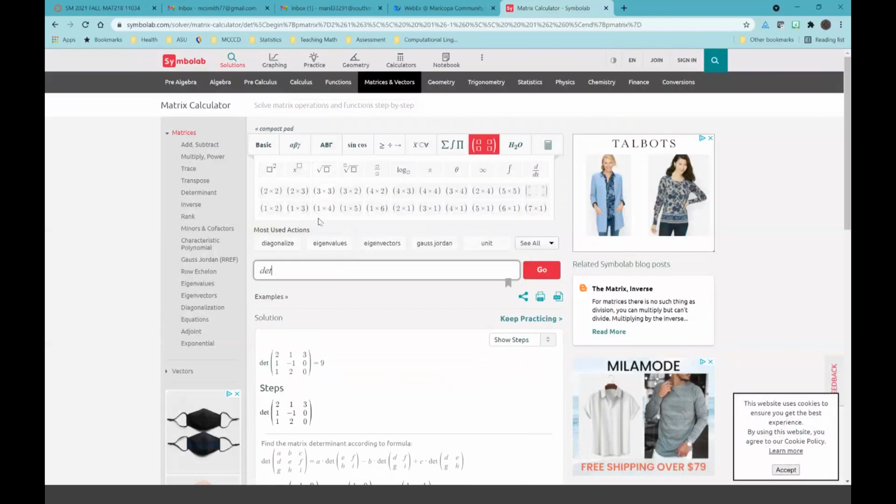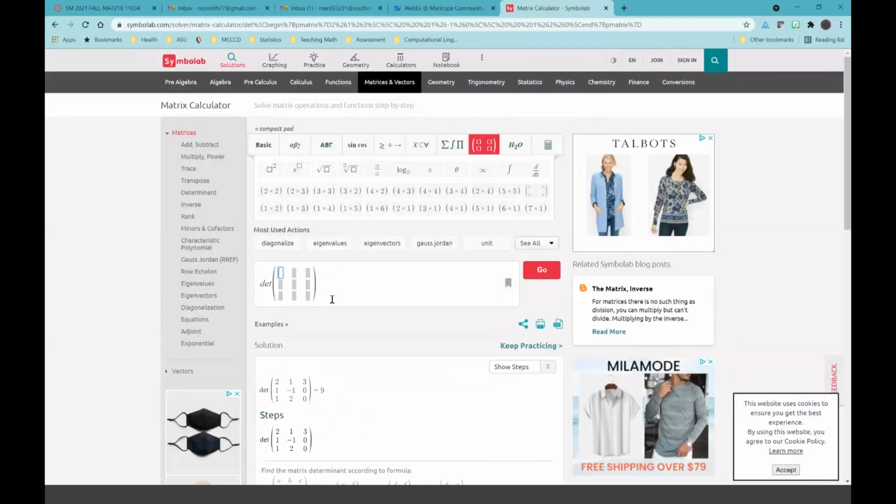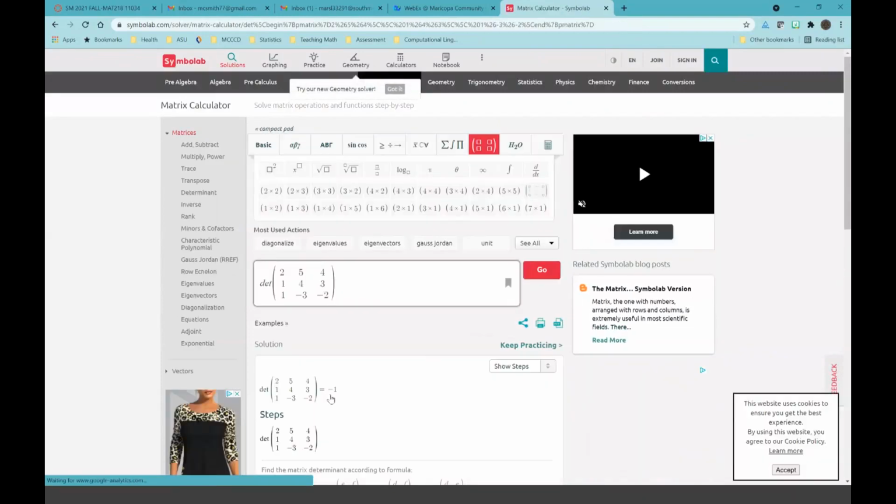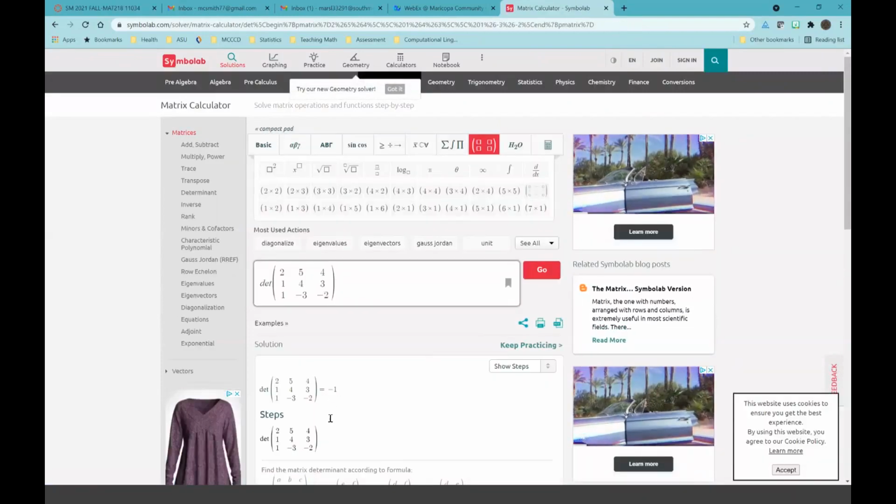It's a 3 by 3: 2, 5, 4, 1, 4, 3, and 1, -3, -2. I find its determinant, and I got -1.